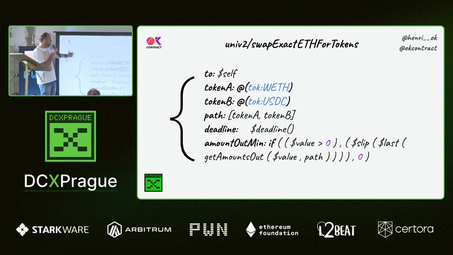I skipped it because it's just a bit more complex, but not too much. For instance, if you want to swap, basically you just need to say who you're swapping to, the tokens, what's the path that you need to send to the contract, and functions in the standard library that help compute the deadline. And we also need, for instance, to compute the amount out min, which involves RPC calls to the get amounts out function.